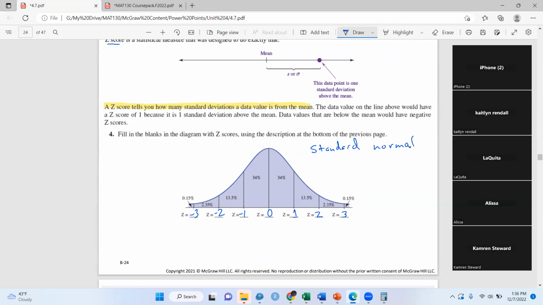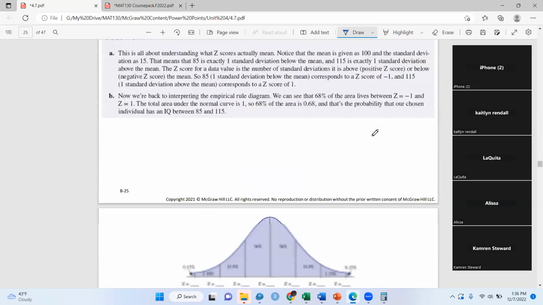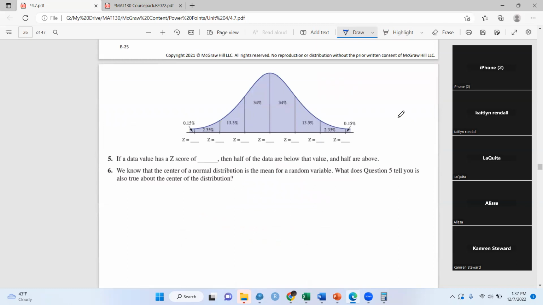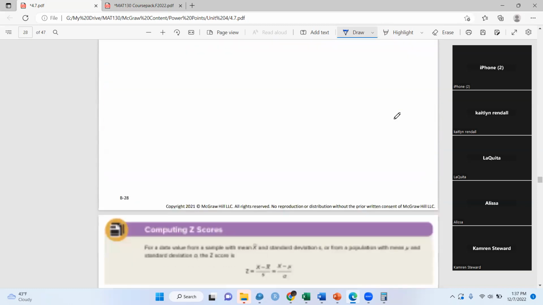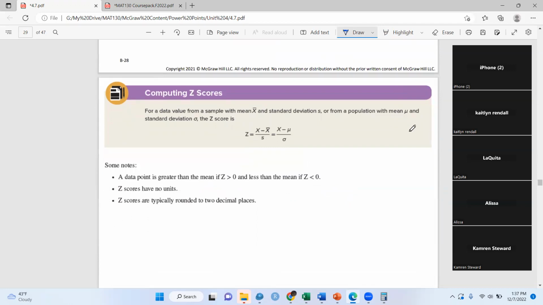Mostly what I want you to do is know how to calculate a Z-score. So how do we do it? Well, there's a nice little formula. I'm going to skip down to it. Where do they give it to us? Here it is. Notice these are sample values and these are population values.